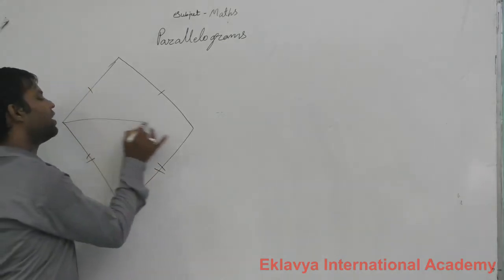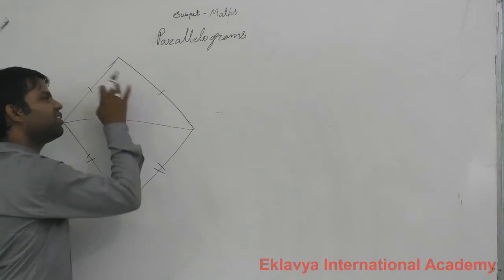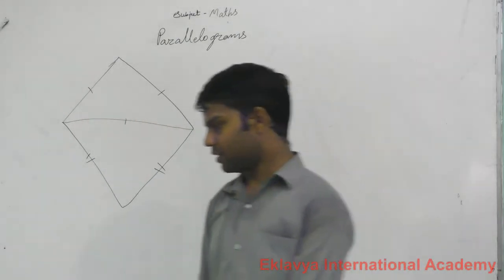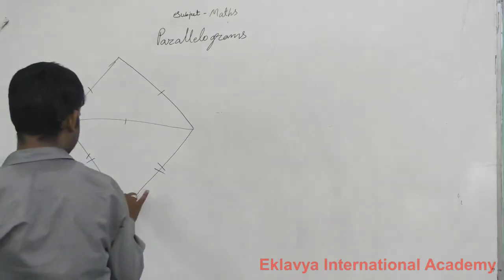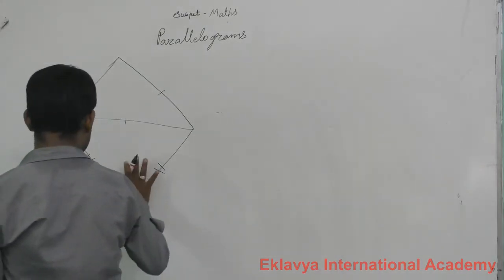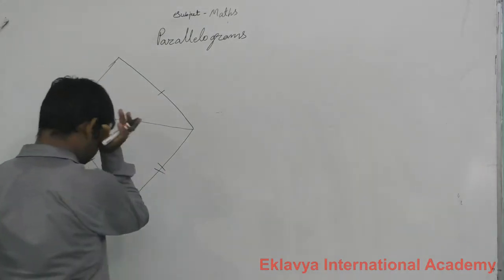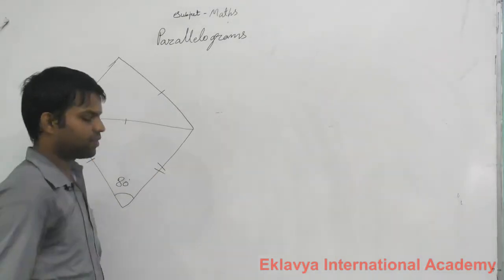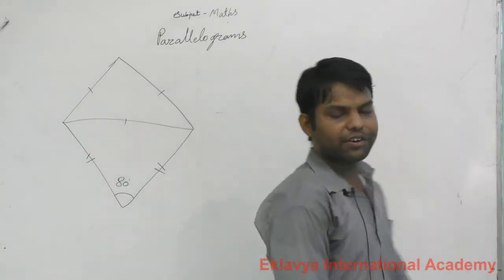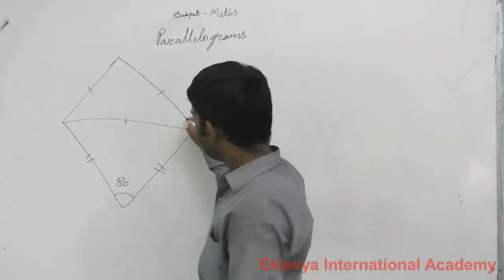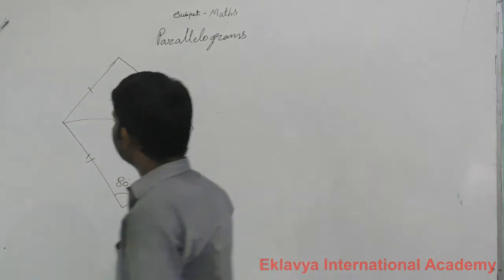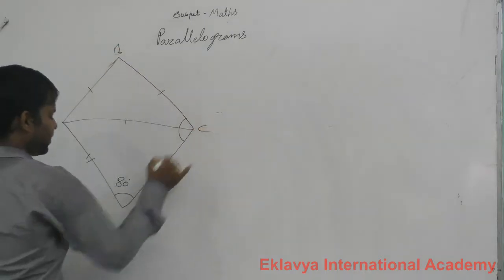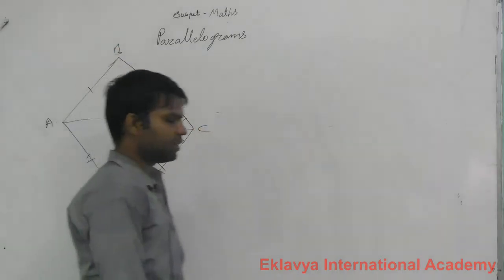And here it is given that a diagonal is equal to these two sides. Okay. Now one angle is given here, it is 80 degrees. We want to find this complete angle. The figure is named ABCD.